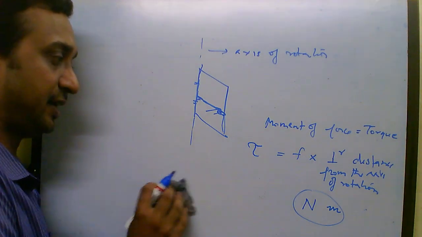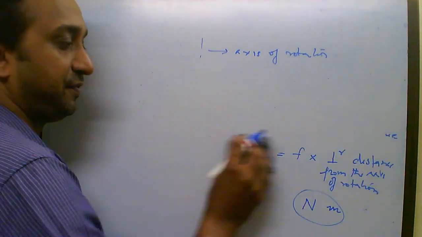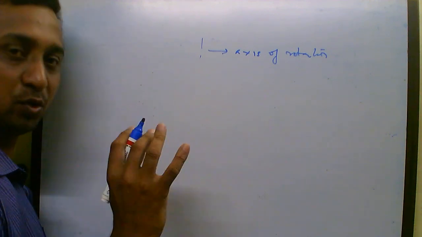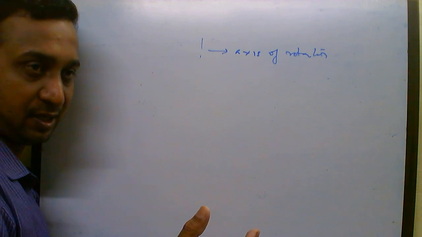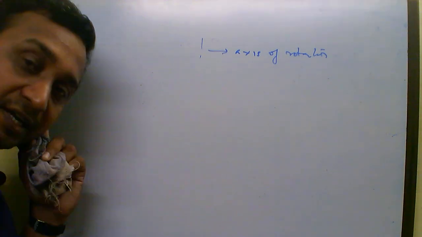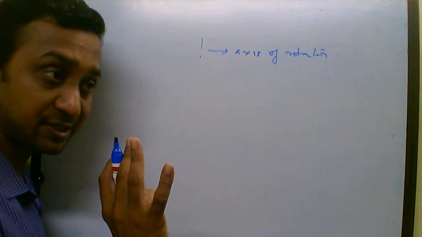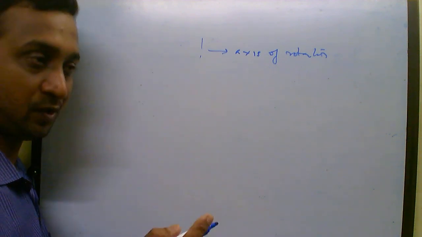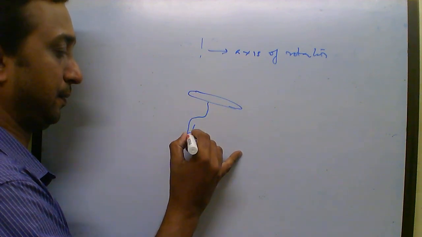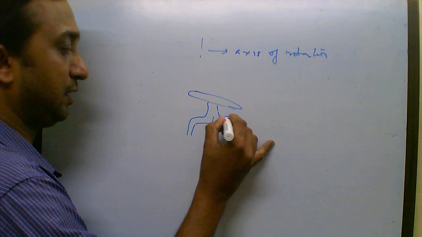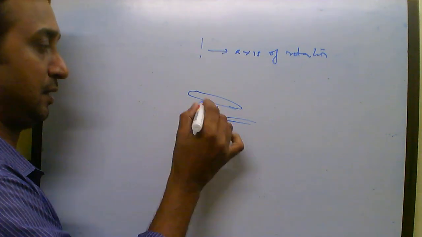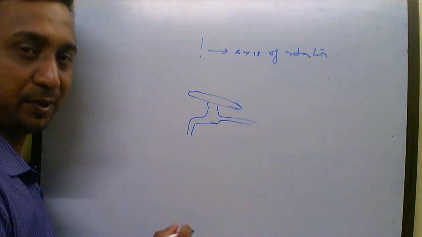Now consider a case where I need more turning effect. In that case I apply two equal and opposite forces which act along different lines of action, so that it gives an increased turning effect. For example, assume I have a water tap. You have seen the old water tap, and I want to open this.